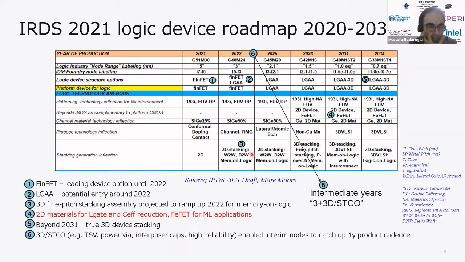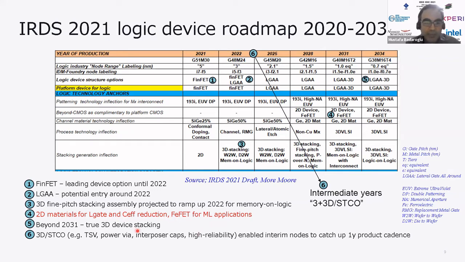So initially, memory and logic applications with partial die-to-wafer stacking, and then true fine pitch stacking starting in an early generation in 2028, like P over N with layer transfer, and then memory and logic and monolithic or sequential 3D by 2031. In this generation, we already see early developments of all the infrastructure and material that was communicated by the leading IDMs and foundries.